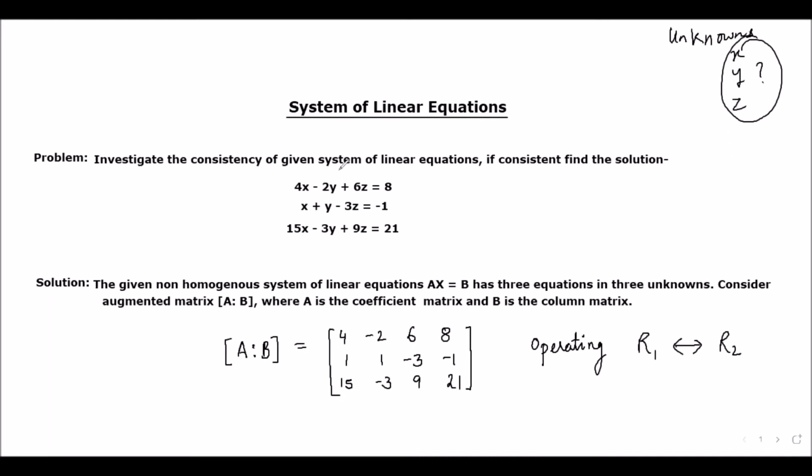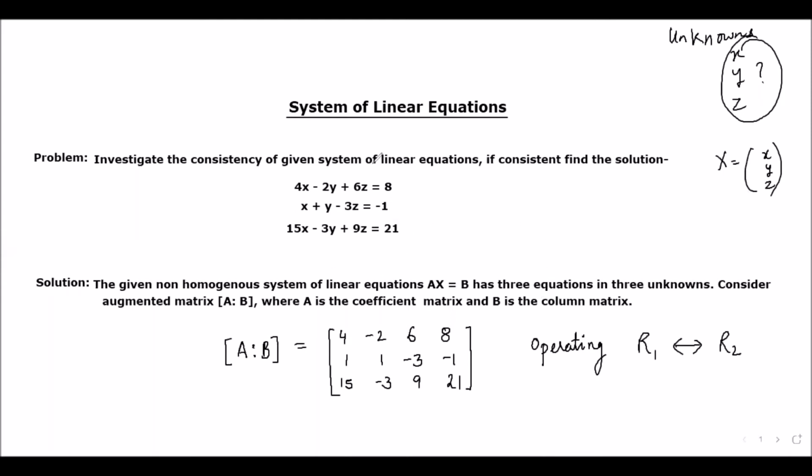We can write this given system of linear equations in the form AX equal to B, where A is called the coefficient matrix, X is the vector of unknowns, and B is a column matrix which we get from the right hand side of these equations.